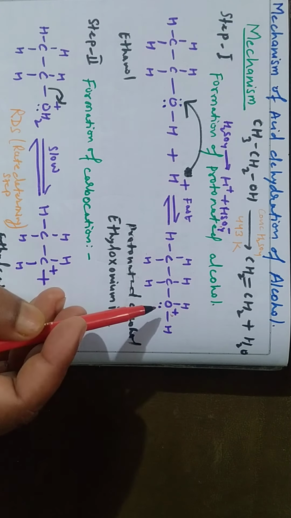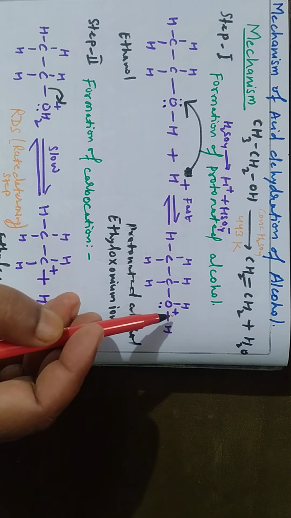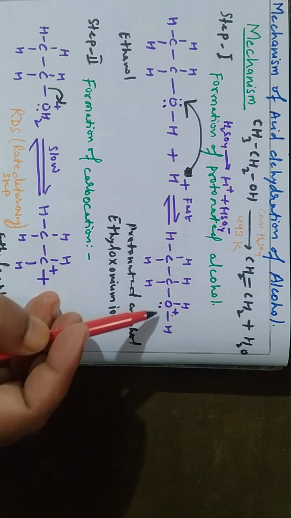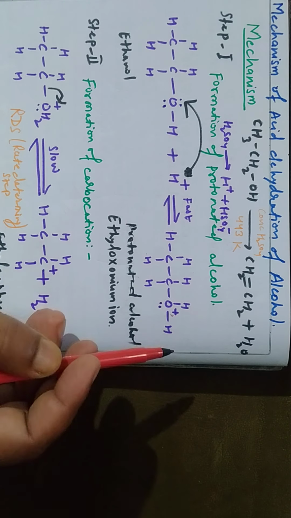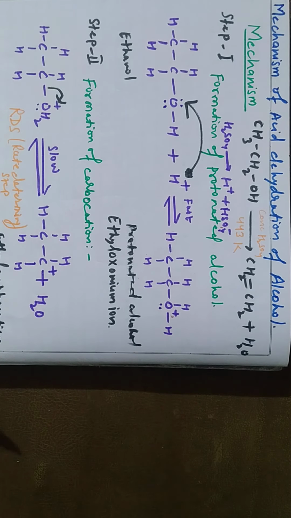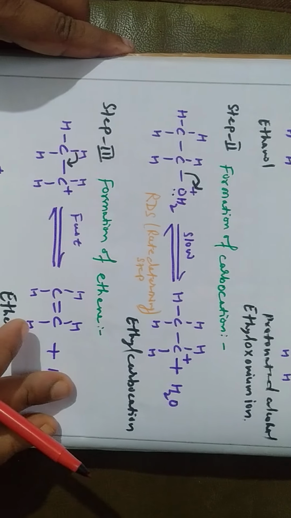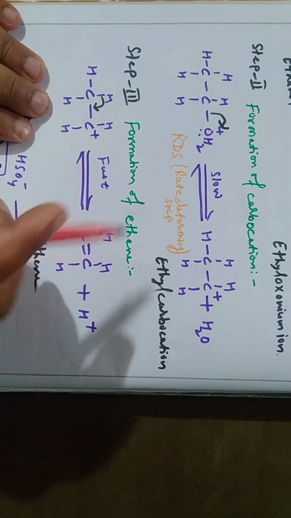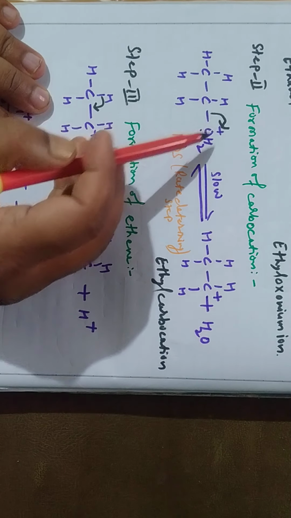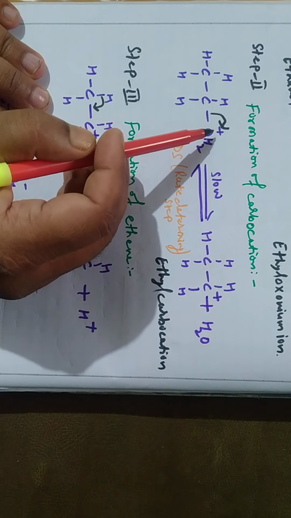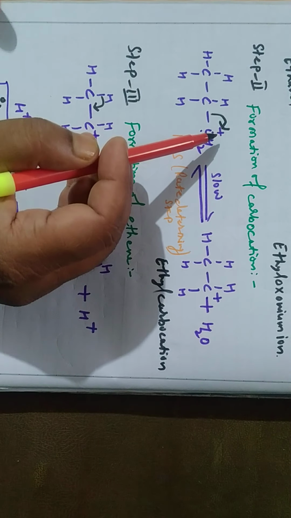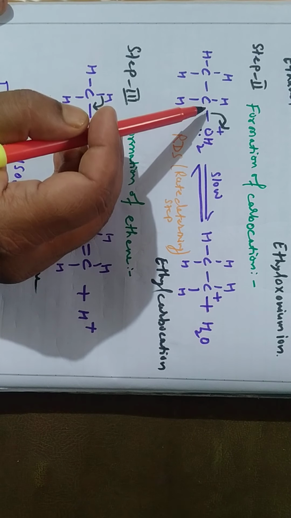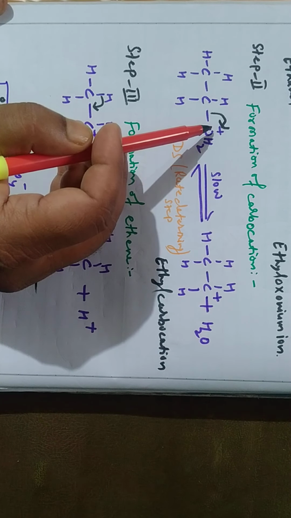As a result, this water molecule is eliminated. You can see here, elimination of a water molecule. Since there is a need of electrons to satisfy the positive charge, this carbon gives the electron.